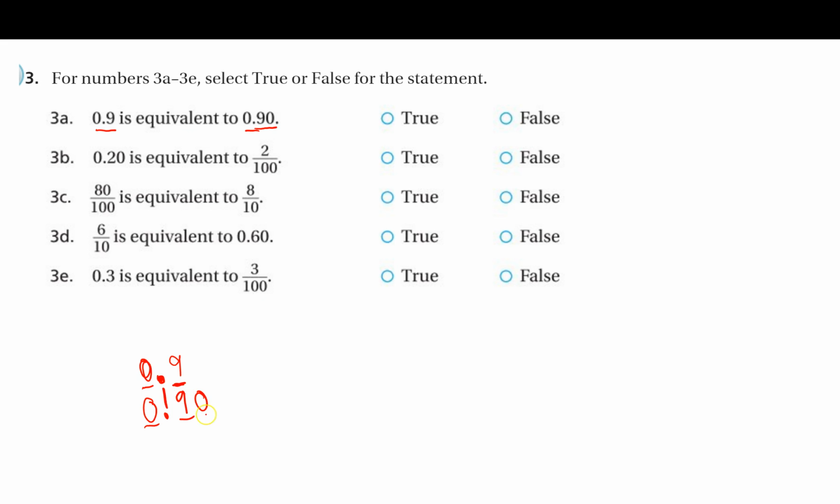Tenths place, both 9, they're tied. So I go to the hundredths place. This has a 0, this has nothing. Well, nothing has the same value as 0. So in fact, these are equivalent to each other. So it's very important when you're comparing decimals, you always want to line up your place values.